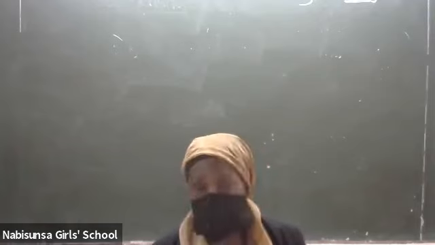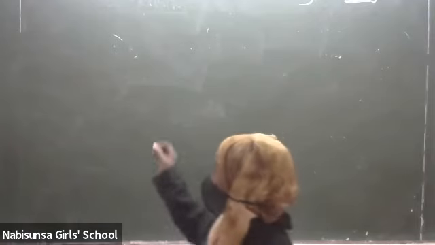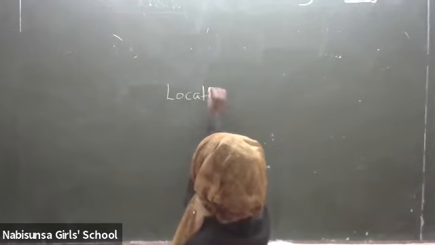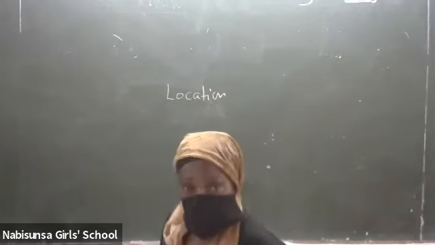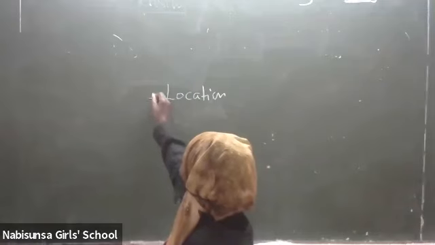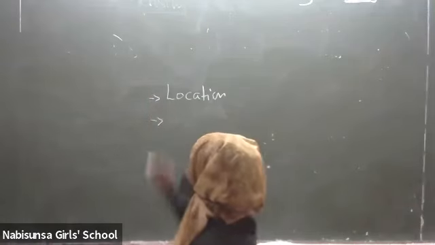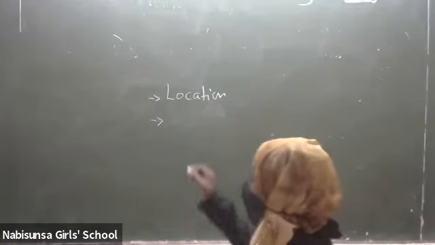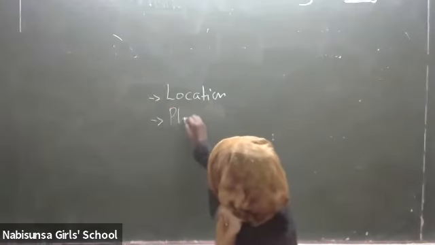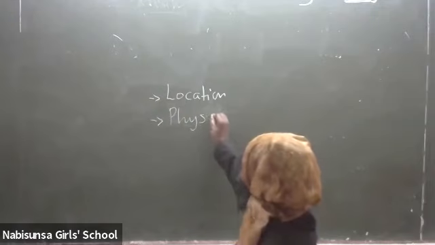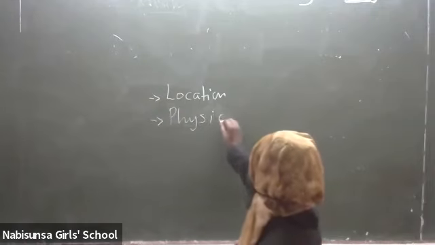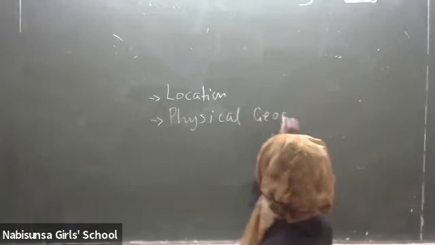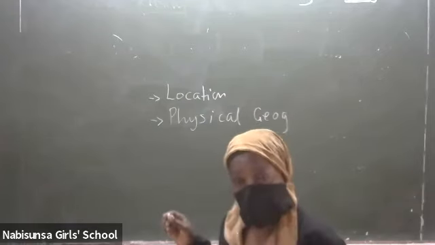When you are dealing with a map, normally you look at the location first. After knowing the location, you must know the physical geography of that area, in that order.